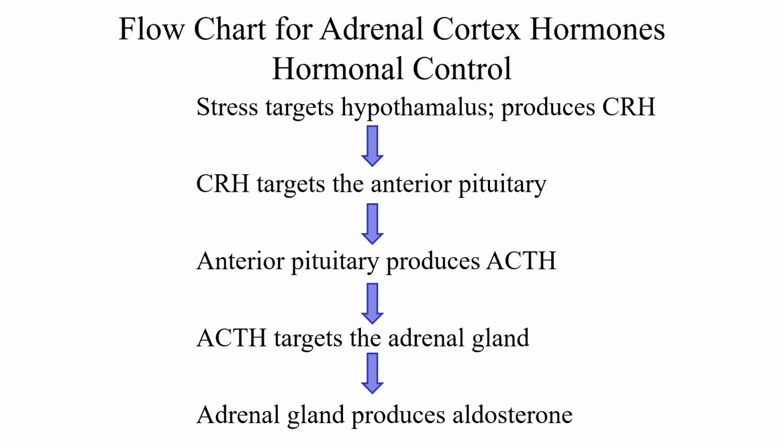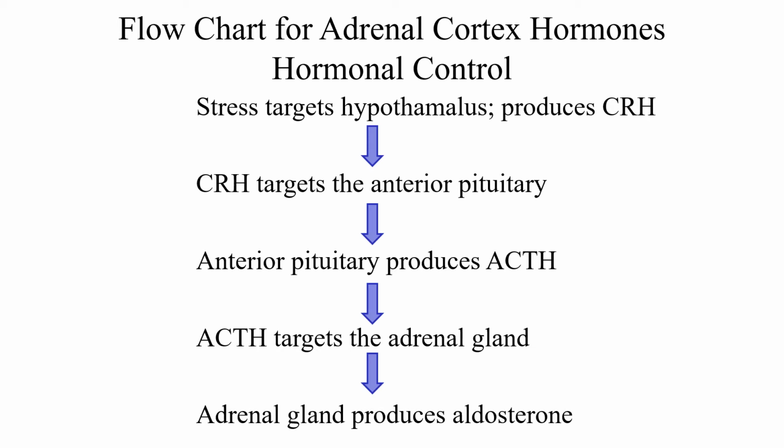Stress targets the hypothalamus. We know the hypothalamus produces this releasing hormone here called corticotropic releasing hormone. There's that word, cortico, right? That tells me I'm going to eventually send a message to the adrenal cortex. Corticotropic releasing hormone targets the anterior pituitary.